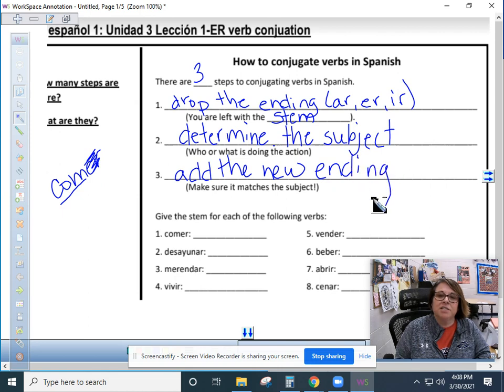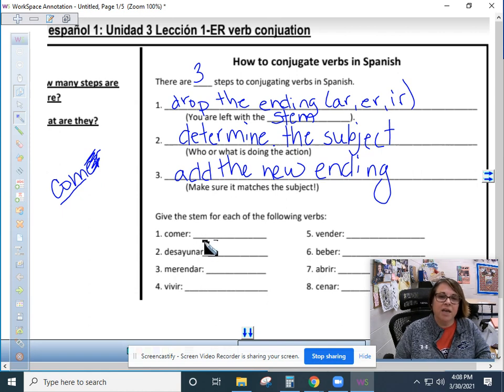Make sure it matches that subject that you just determined. So here, what I want you to do is to give me the stem for each one of the following verbs. So pause the video and then restart it after you have finished. So go ahead and do that now.